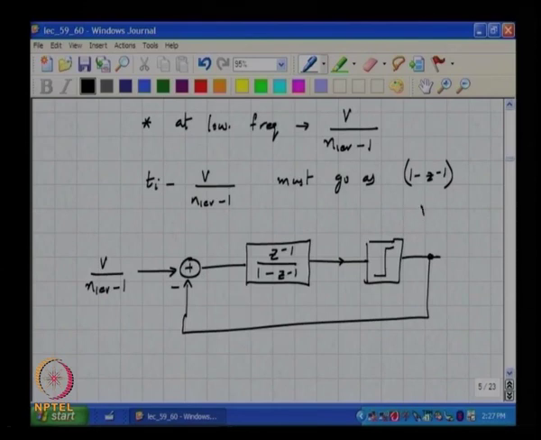So, this should give you on the average V by n level minus 1 plus some shaped quantization noise, let me call this some E1 times 1 minus Z inverse.